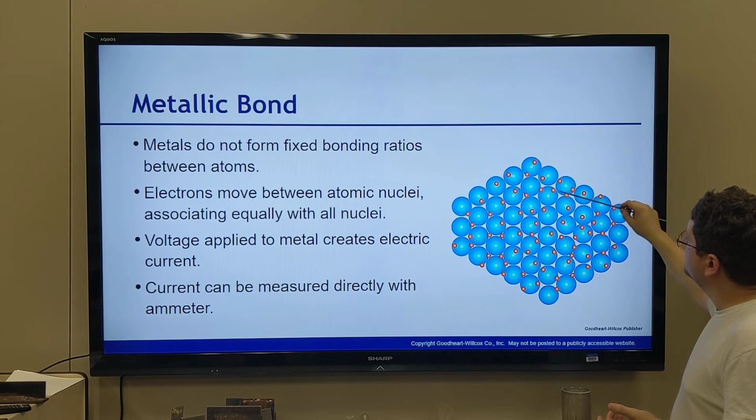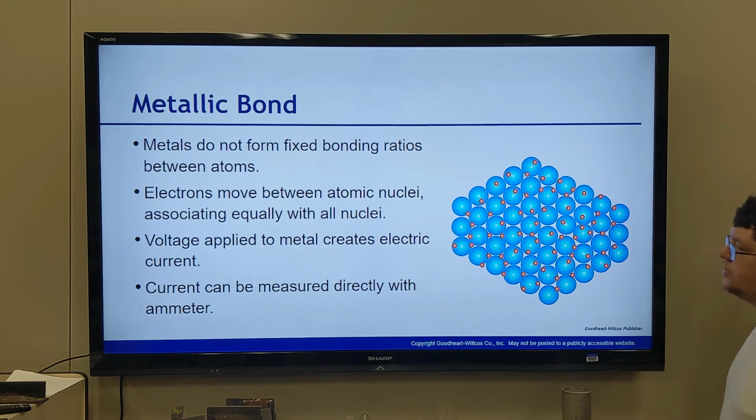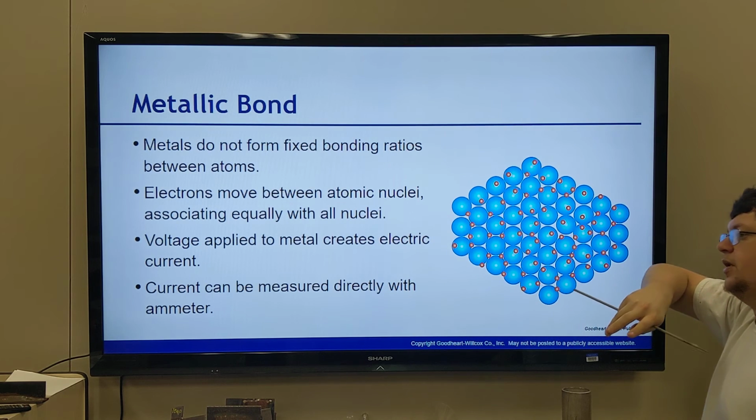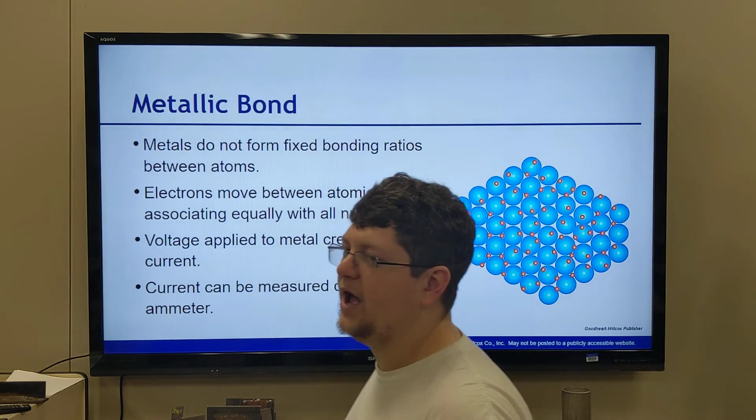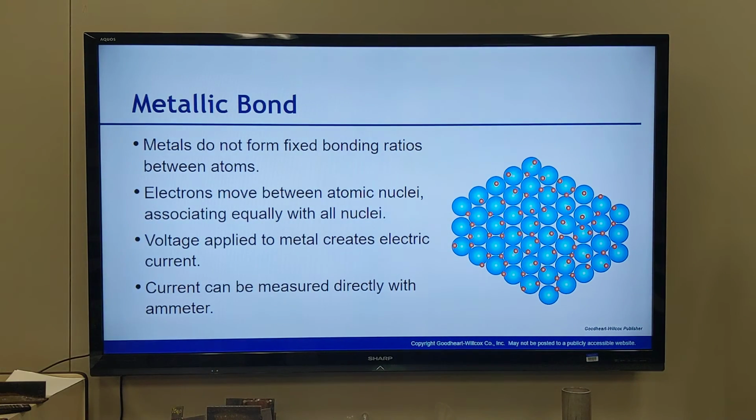But you notice some of these electrons where they're touching are kind of spread out. Some of them are way over here, some of them are lapping back around, some of them aren't touching in the right area. That's because metal doesn't always have that acting property. That's the thing about metallic bonds.